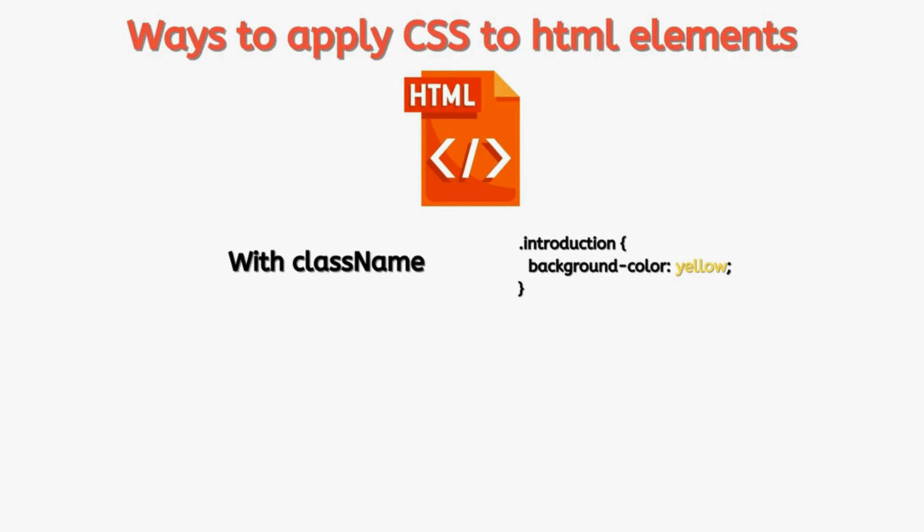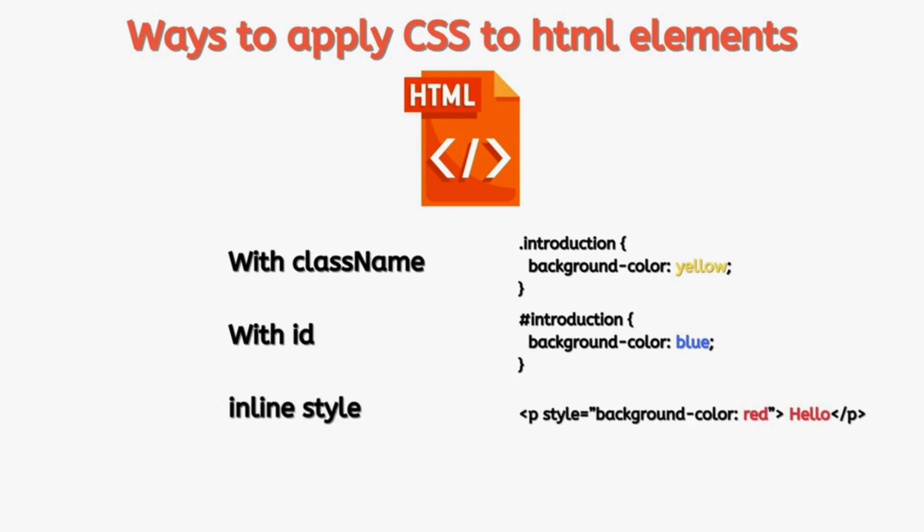The second one is using an ID. An ID is specific to a specific HTML element, and we are narrowing down this particular CSS scope to a specific HTML element only. Wherever we use this ID, it will be applied. The third one is inline style.